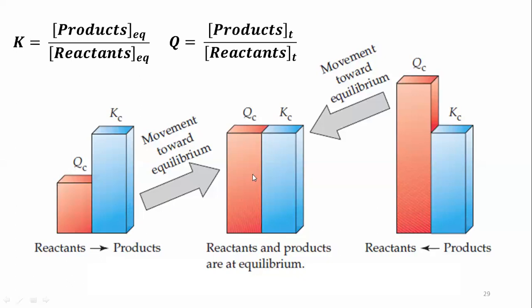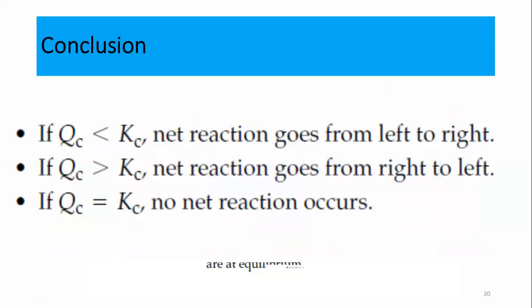Based on these, you can predict the direction of the equilibrium, and this is the conclusion I have explained. Again, if QC is less than KC, the reaction goes from left to right, and if it is greater than KC, then it goes from right to left, that means towards the backward side.